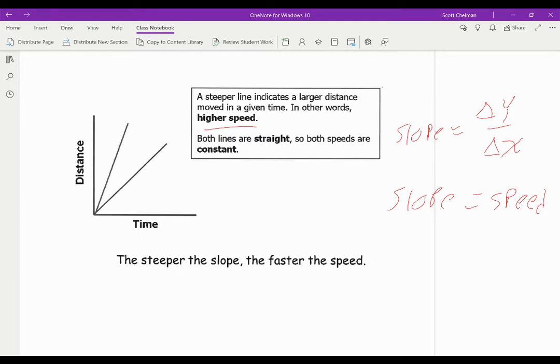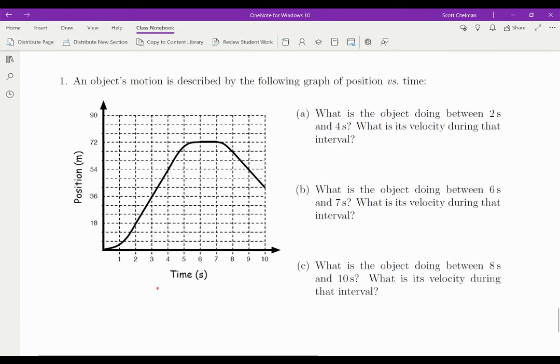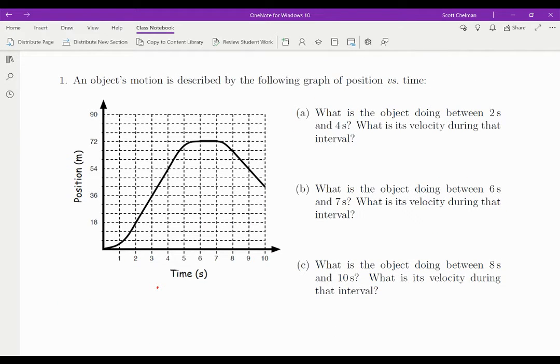Okay. Now we're getting somewhere. So let's take a look at this. Look at these questions. You have a position and distance. You can say it both ways, right? Because if the position is changing, then that's indicating the distance. That's not a big deal. But when you see this, things are going on here that are different.